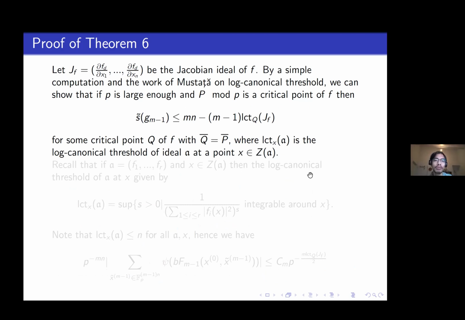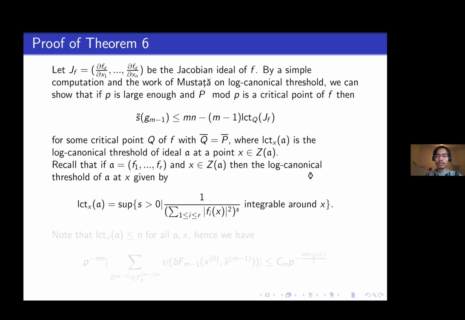and the work of Mustata on local log canonical threshold, we can show that if p is large enough and capital P mod p is a critical point of f, then f tilde Z_{m-1} is less than mn minus m minus 1 times the local log canonical threshold of Jf at q for some critical point q of f with q bar equal to p bar.